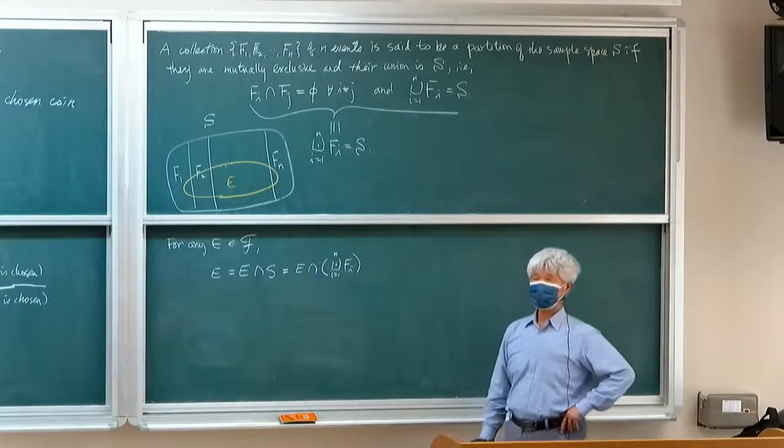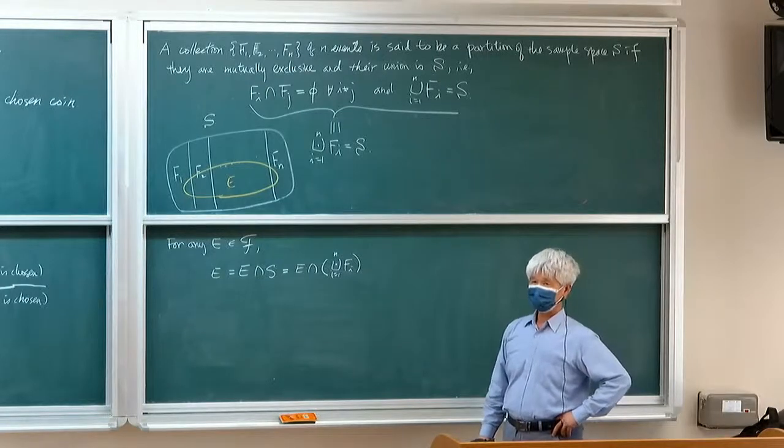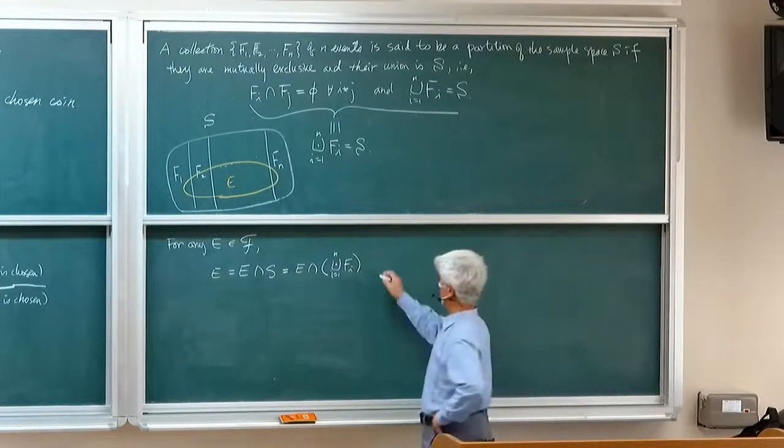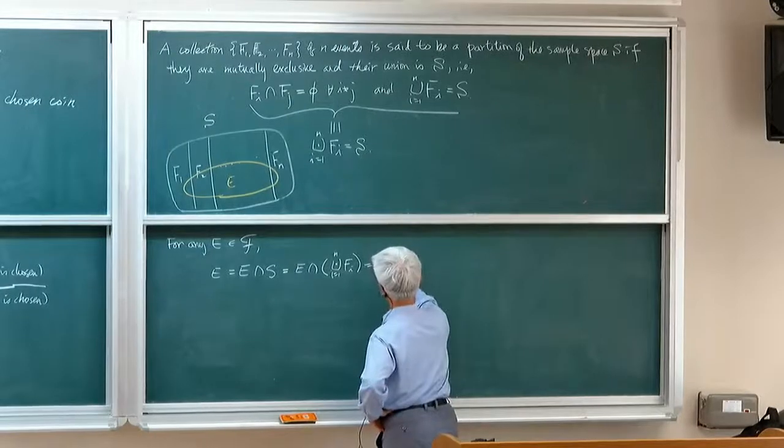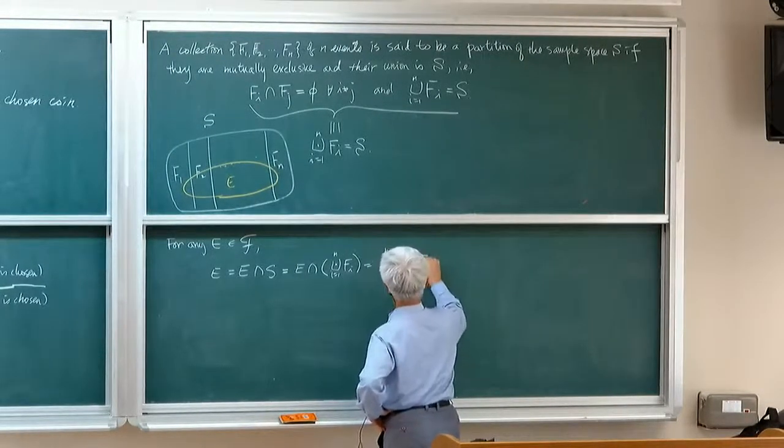Now by the distributive law of intersection over union, we have again a disjoint union of E intersect Fi.